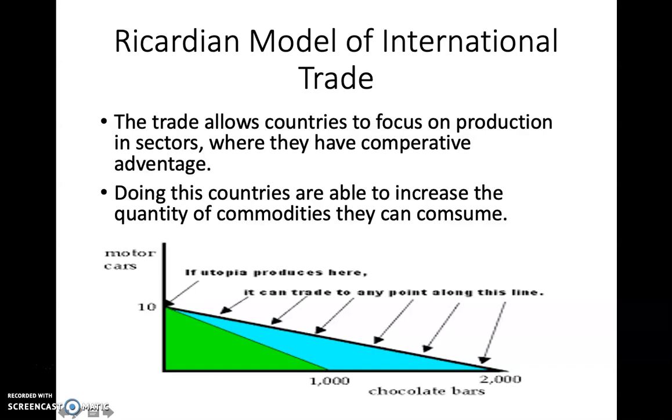And another country might be more advantageous in producing motor cars, so they might not be that advantageous in producing chocolate bars, and might only be able to produce 10 chocolate bars. But when they produce motor cars, they can produce 500 motor cars. So when they concentrate just on production of motor cars, they can produce, let's say, 500 motor cars.